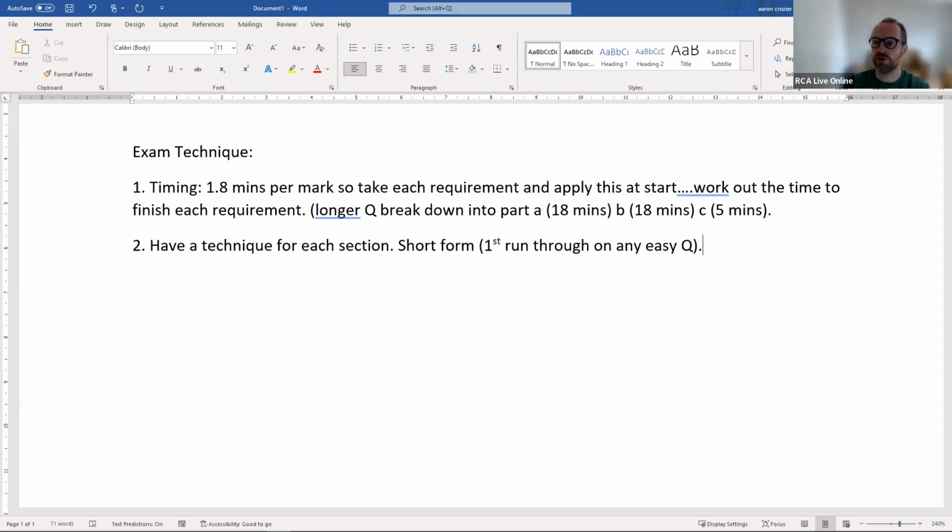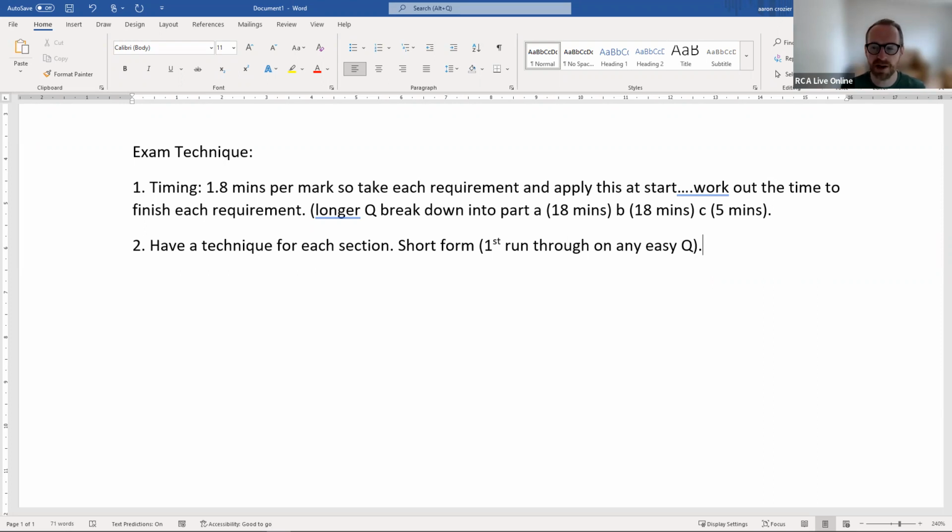So I rule out B, I rule out D, and now I've got a choice between A and C. You then spend a little bit of time going through the question to see if anything triggers you to go, well, it couldn't be A, so it has to be C. By getting rid of the ones that couldn't be right, you're left with the ones that are. Those are some techniques to think about on the short form.